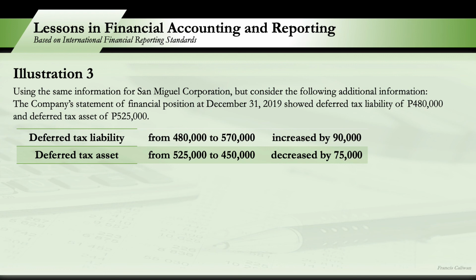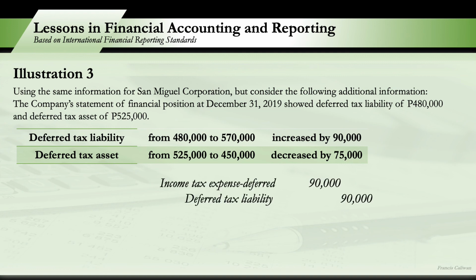So DTL increased by 90,000. Whereas for deferred tax asset, the beginning balance is 525,000 and the ending balance is 450,000, therefore a decrease of 75,000. Now, what will be our entries?